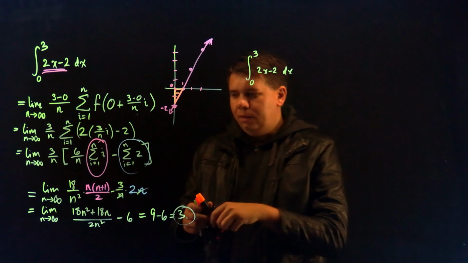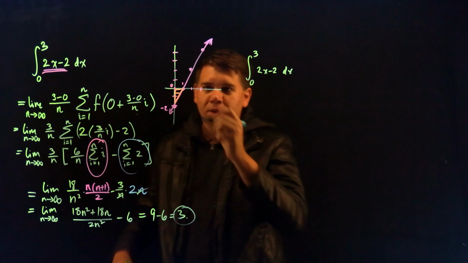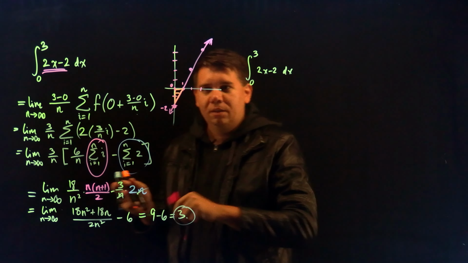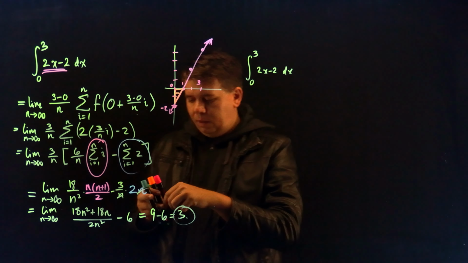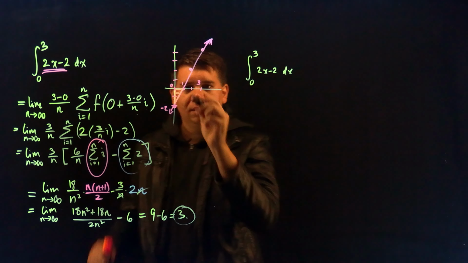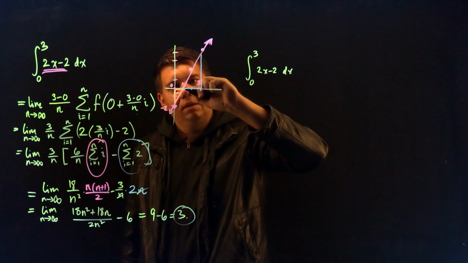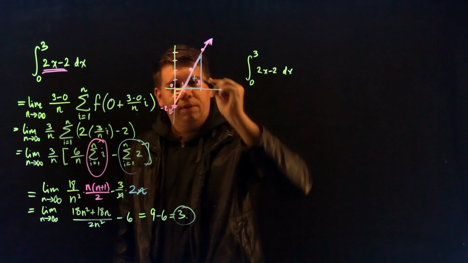And then, when you get to the right, from x equals 1 up until x equals 3, the area between the x-axis and the graph is positive area.